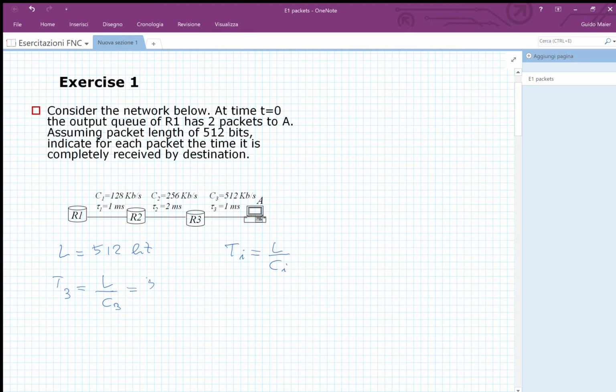So 512 bit divided by 512 kilobit per second.